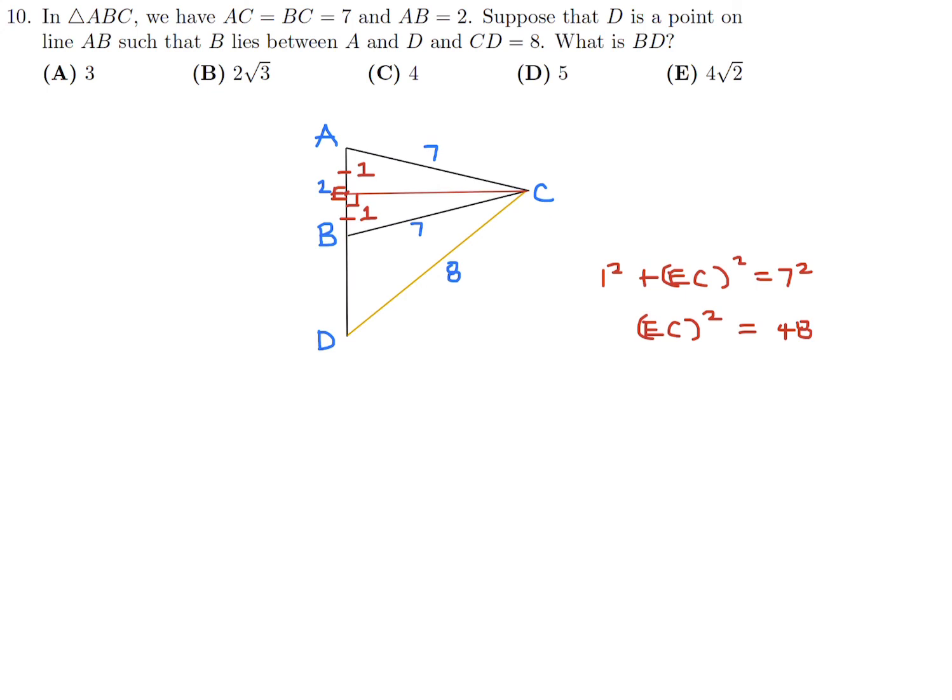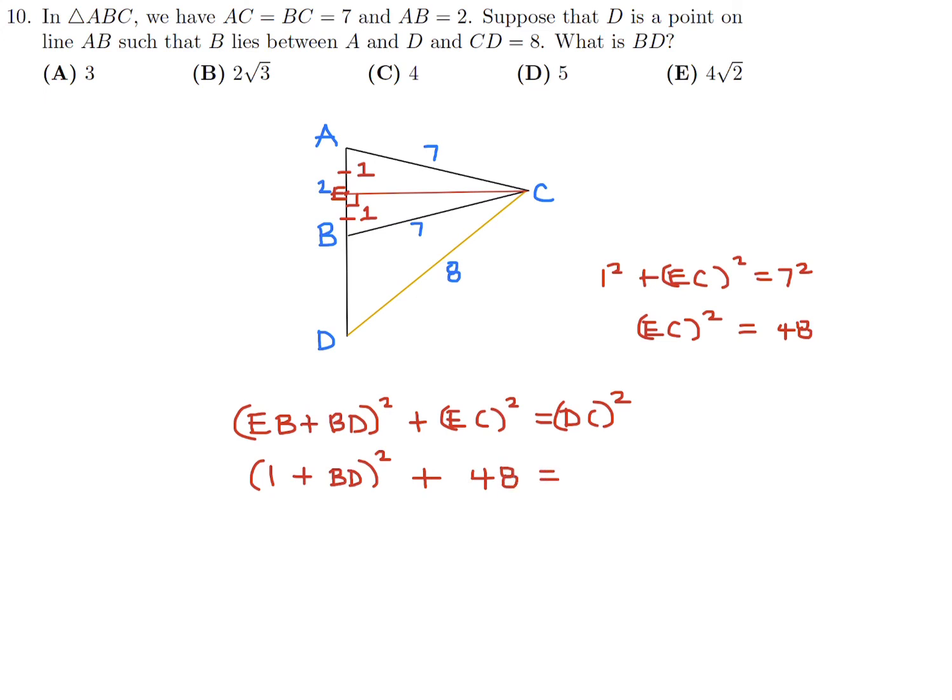And that one will have (EB plus BD) all squared plus EC squared is equal to DC squared. Correct? Well, EB we know is 1. BD is what we're trying to figure out. So that is going to be like that. And then plus EC squared, which we already figured out was 48.